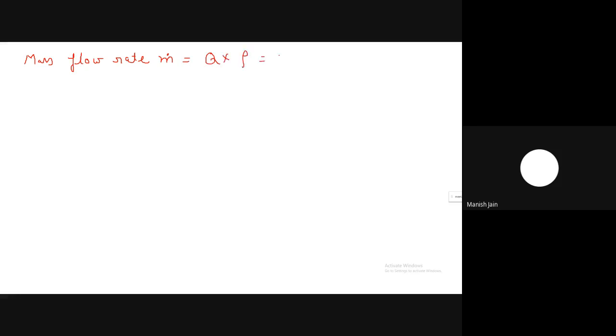So Q is 0.1539 multiplied by rho, 114.8. You will get the mass flow rate 17.65 lbm per second. So this is the mass flow rate.